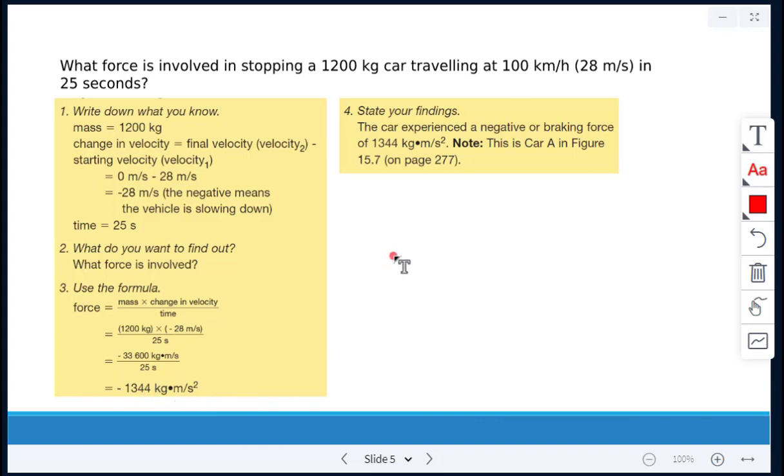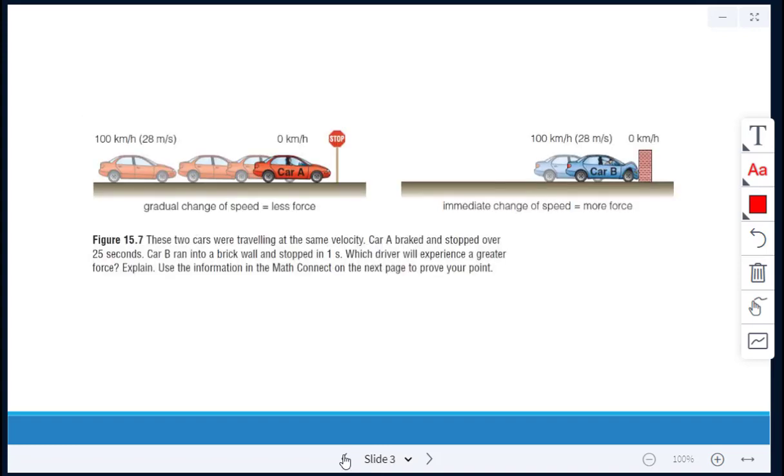So that was the force. The car experienced a negative, or braking, force of 1,344 kilogram meters per second squared. If we go back to our diagram, this is car A, which stopped over 25 seconds at the stop sign.